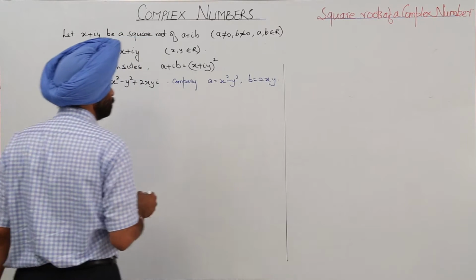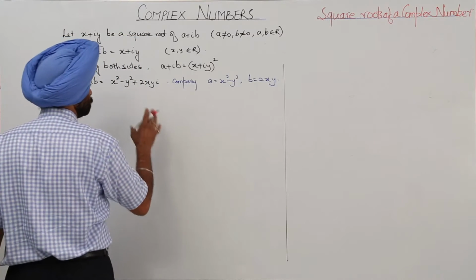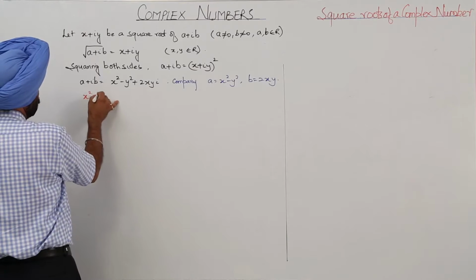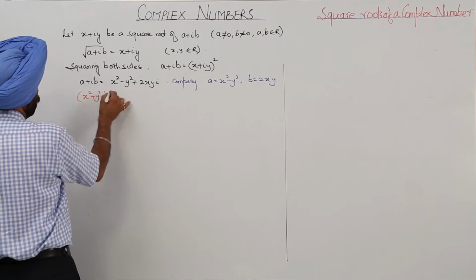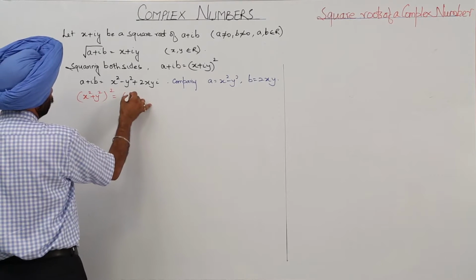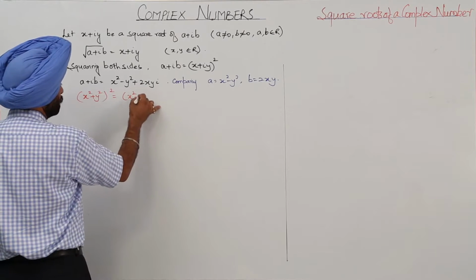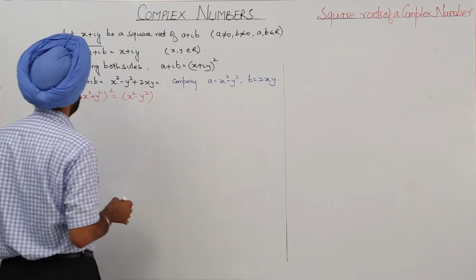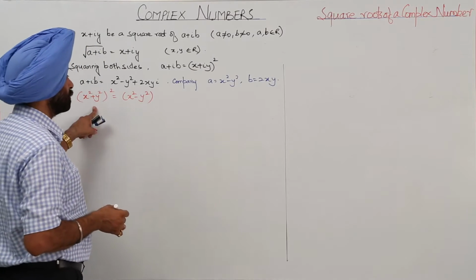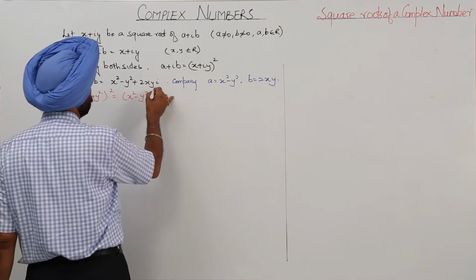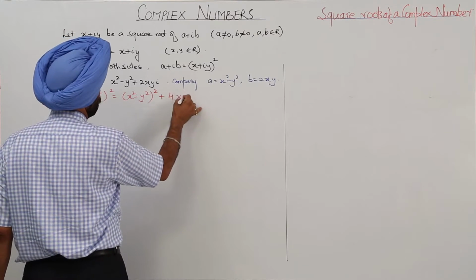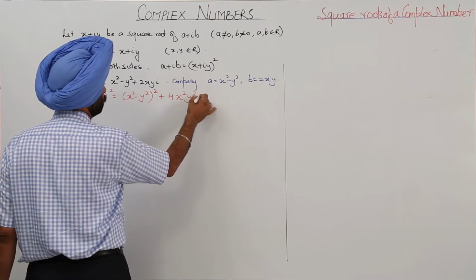Now, we can write x square plus y square whole square is equal to x square minus y square whole square plus 4x square y square.